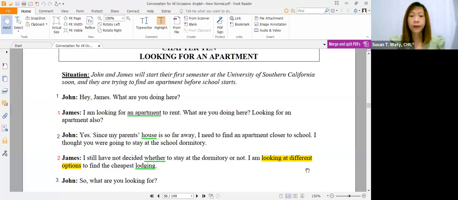We'll have a couple of exercises left, and it's pretty easy. I believe you guys already looked at it and tried to answer before we do it together in the classroom, okay?